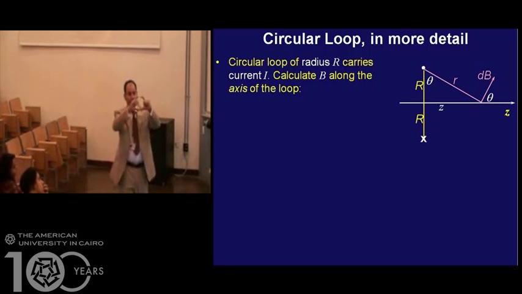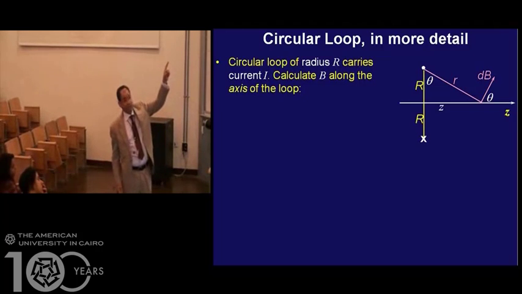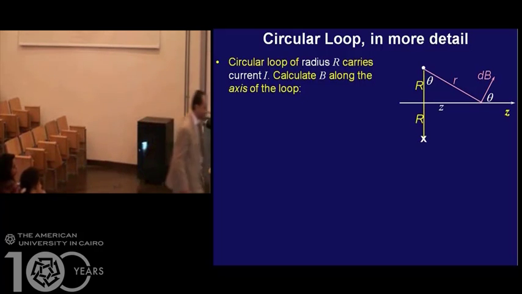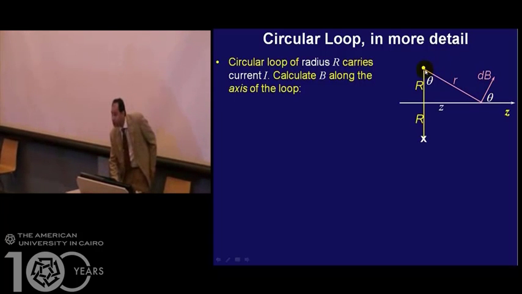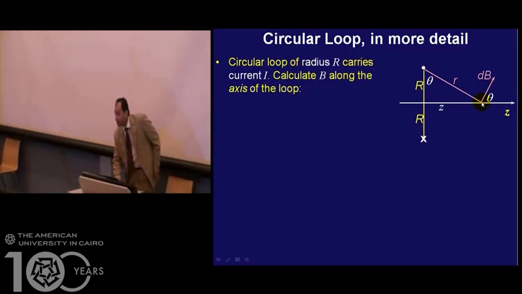So what I'm going to do is take a segment on the top, and try to find the magnetic field from that segment at the point where we're trying to find the magnetic field. I will take a small segment at the top. At that small segment, what will be the direction of the magnetic field in here?